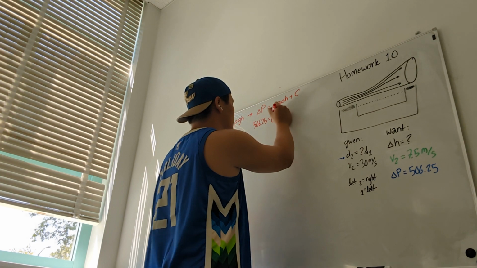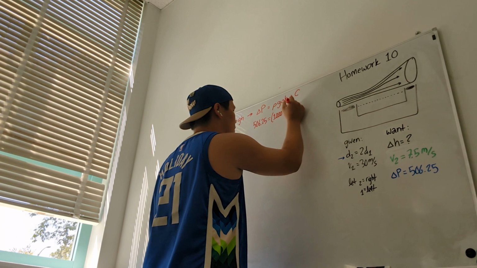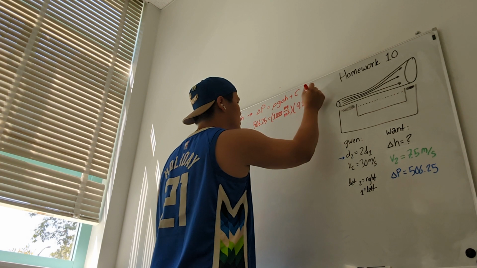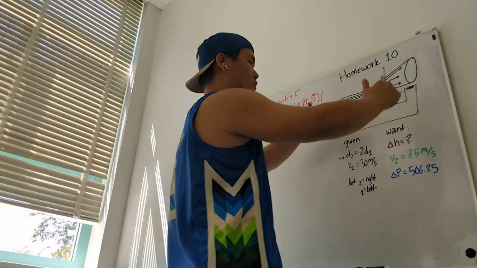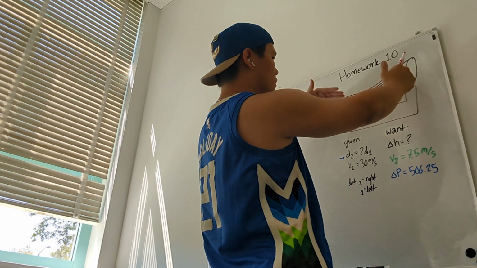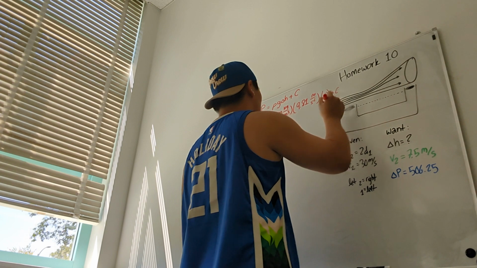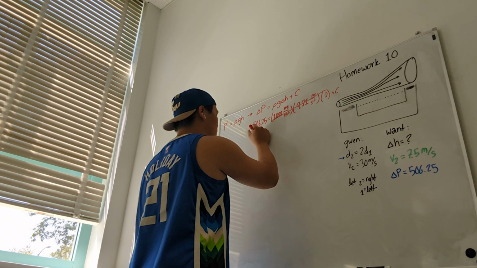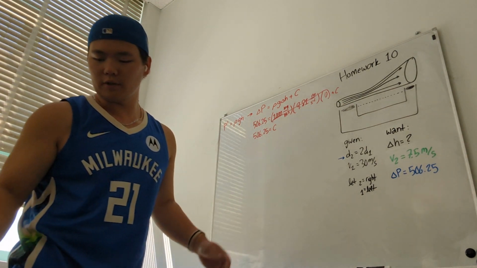The density of water is 1,000 kilograms per meter cubed. Gravity constant is 9.81 meters per second squared. But when the air is turned off, there's no difference in pressure, right? Which means that there's no change in height, which means that delta H is just 0. So now this whole thing is gone, that's just 0. So our constant that we're going to be working with is just 506.25, which is what we just found.